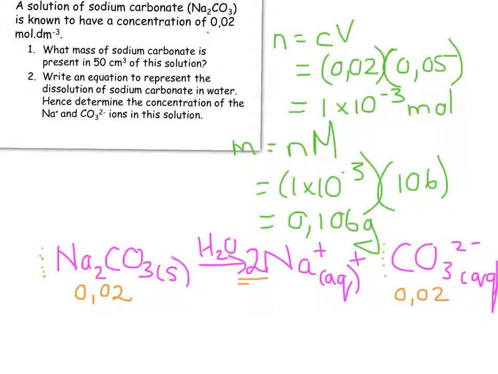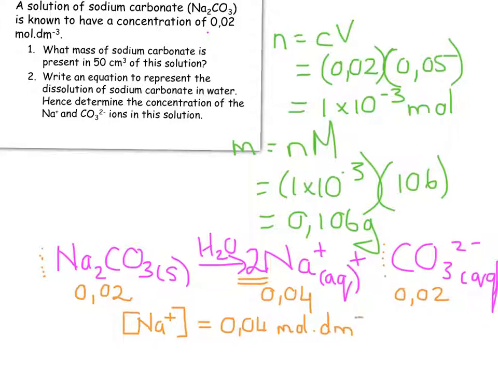But the sodium ion, I have double the number, so it's 0,04 moles in 1 decimeter cubed. So they are going to now give me a concentration of sodium ions, and when I use the square bracket, I'm just shorthanding for concentration of. Concentration of sodium ions, 0,04 moles per cubic decimeter.